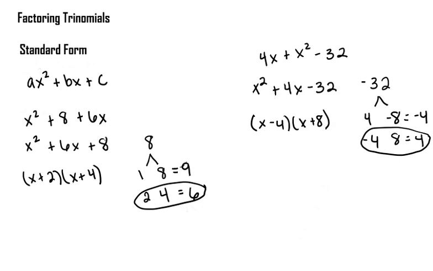Now let's look at a different kind of example. Given the problem, negative 2x squared plus 20x minus 32. Notice how this is a negative 2 in front of the x squared and not an invisible 1. So our first job is to see if we can make a equal 1.